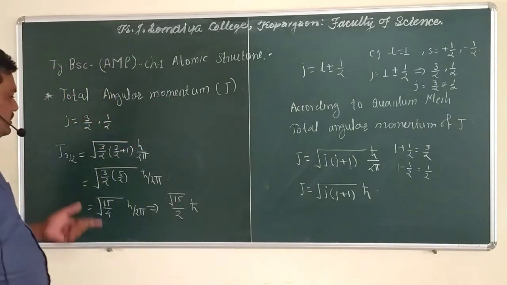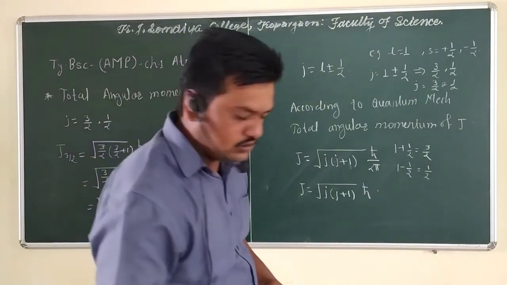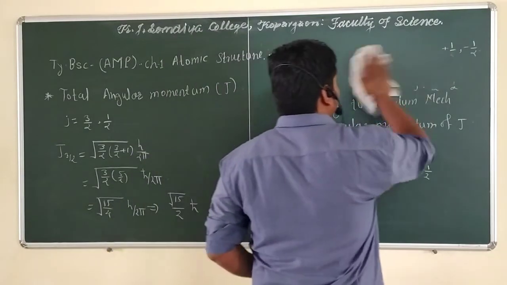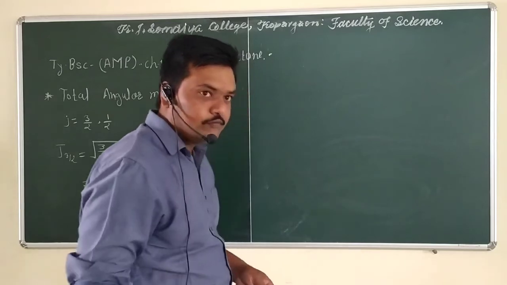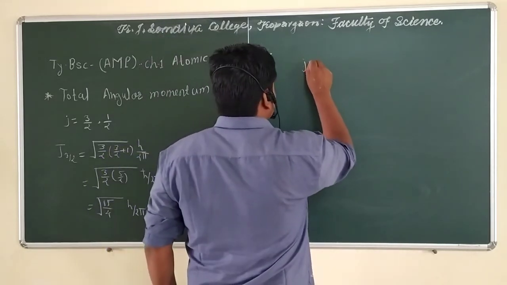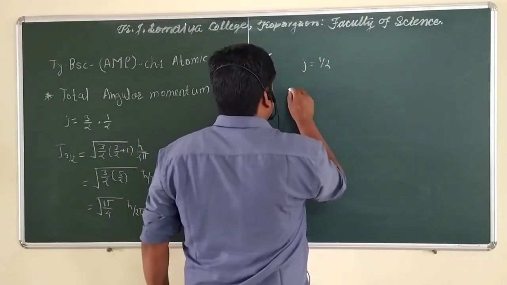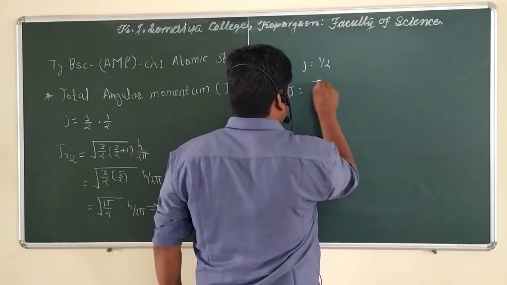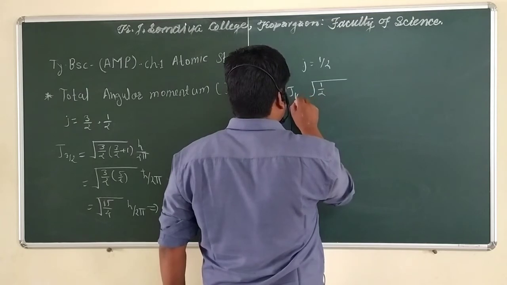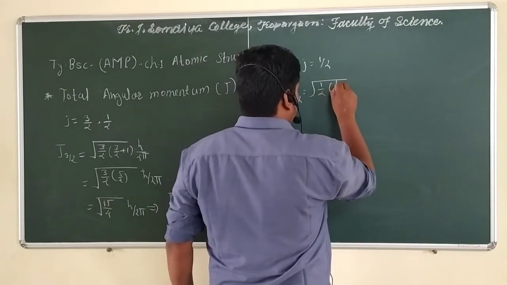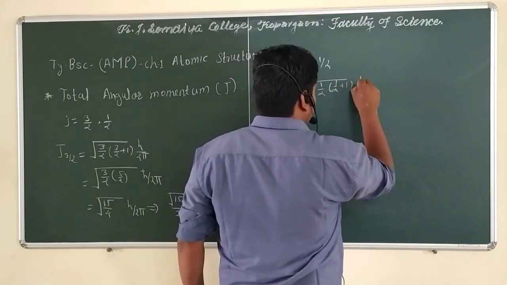This is J corresponding to 3 by 2. If we calculate for small j equal to half, capital J is equal to under root of 1 by 2 into 1 by 2 plus 1, h cross.